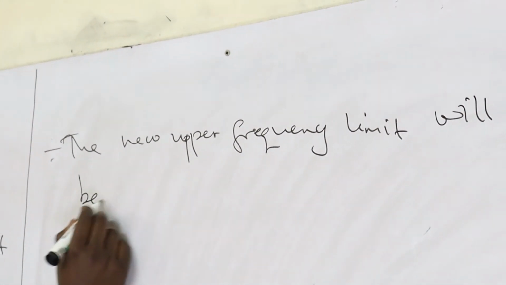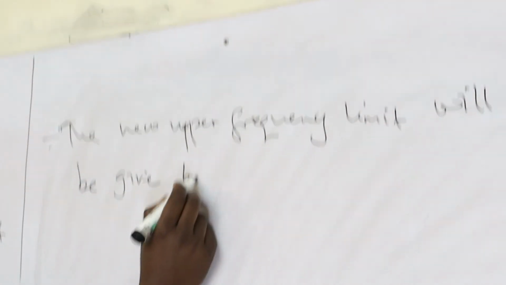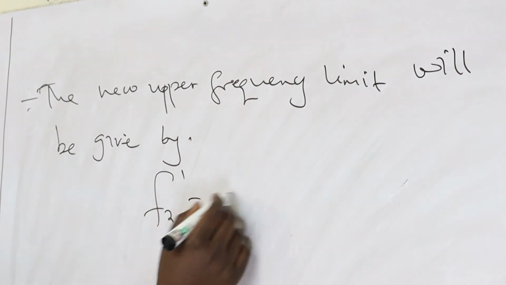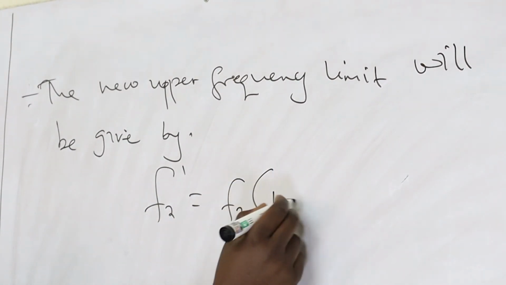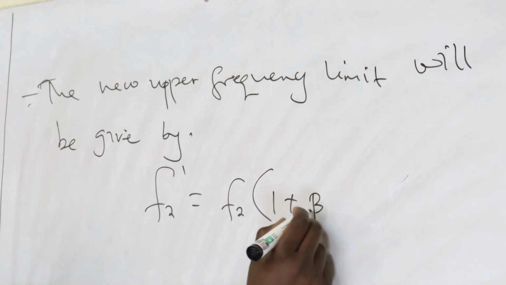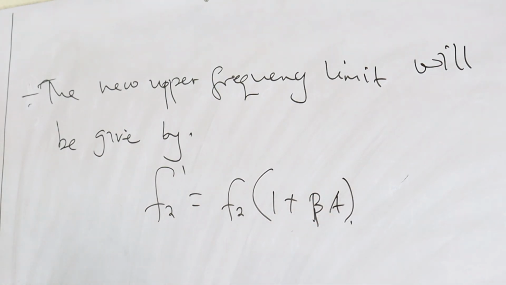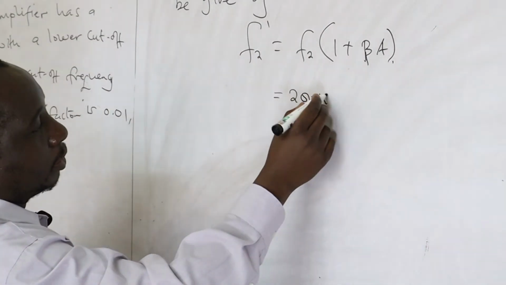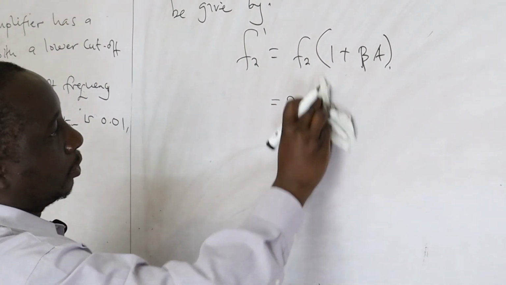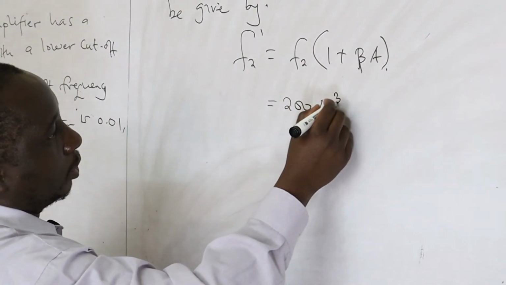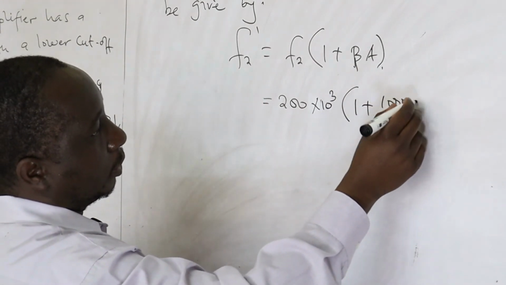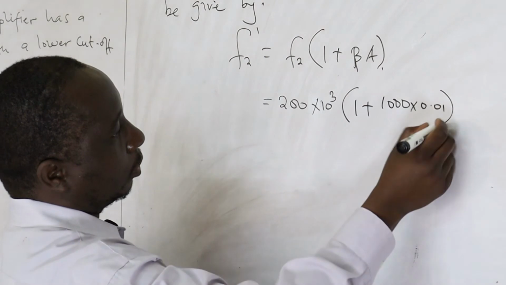The upper limit will be given by F2 prime is F2 multiplied by 1 plus beta A. F2 was 200 kilohertz multiplied by 1 plus beta A, which is 1,000 times 0.01.